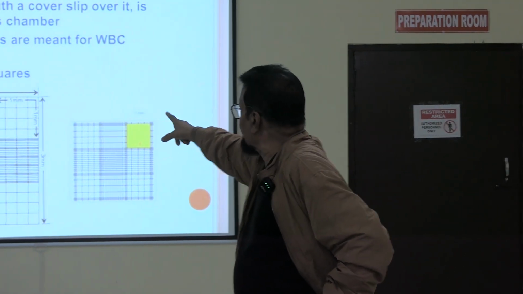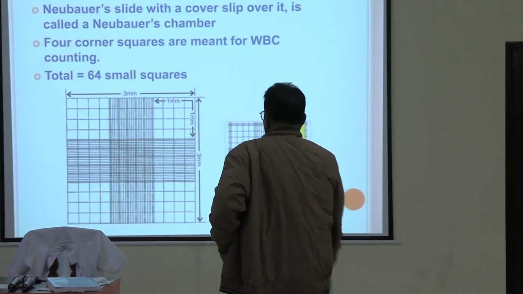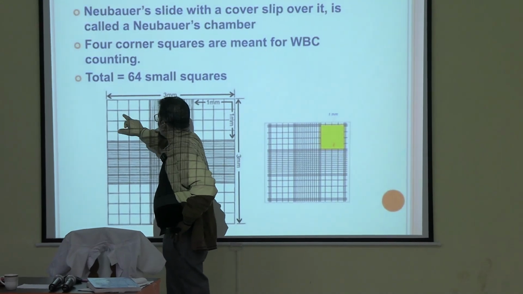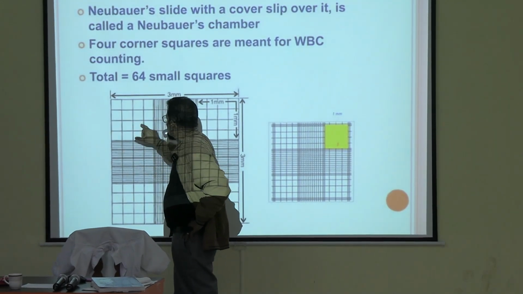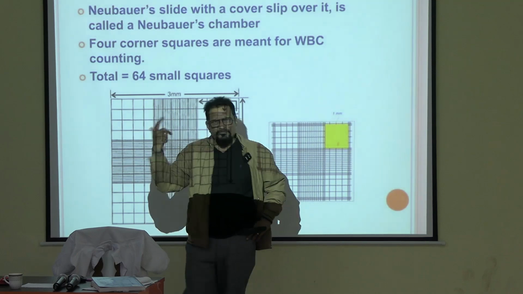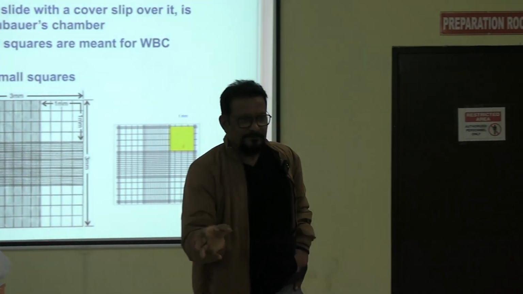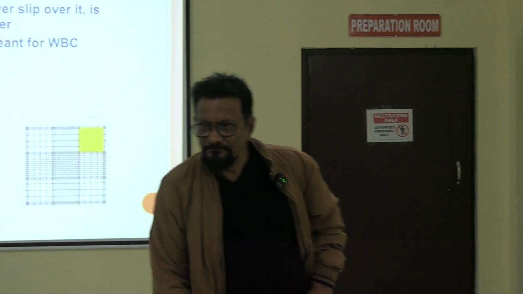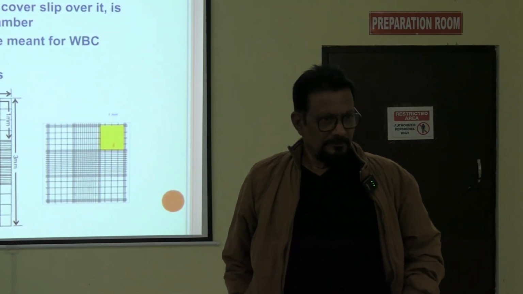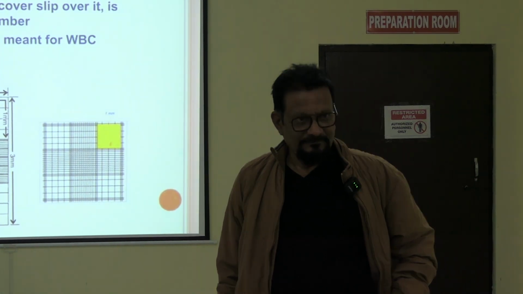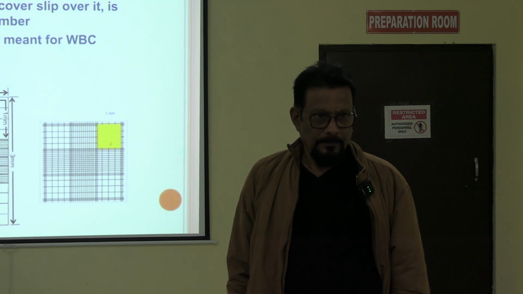In 5 such squares, 1, 2, 3, 4, 5, any 5, the number of WBCs is this much. Can you count the total count per cubic millimeter? Okay, I am giving the figure.